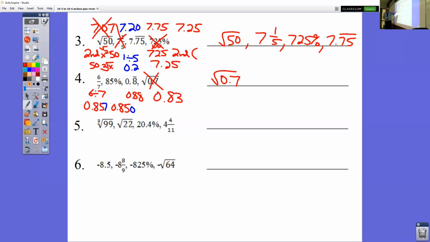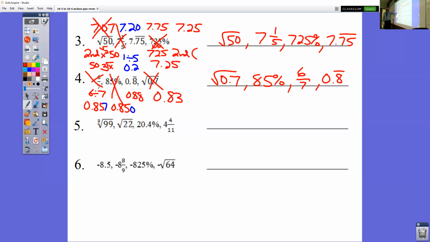The 0 is lower than the 7, so this 85% would go next. The next one would be the 85 cents with the 7, so the next number would be 6/7. And then our biggest number is 88 cents, which is 0.8 repeating. So again, sometimes you will have to go to that next decimal place.